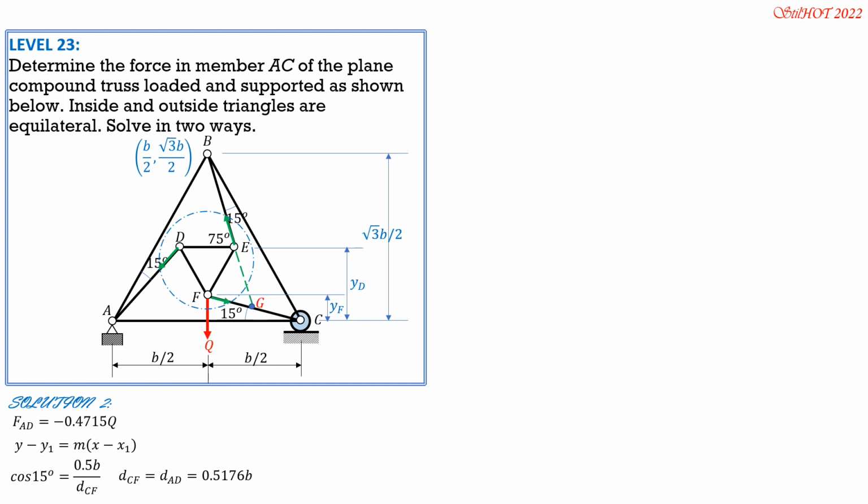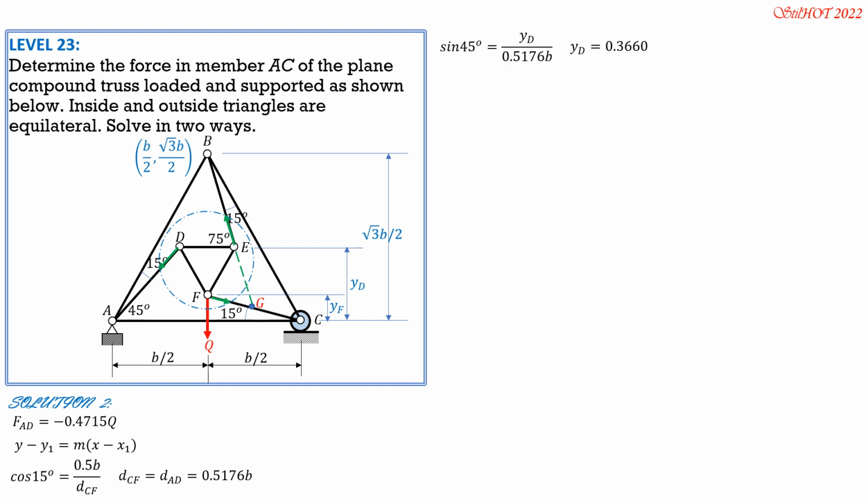So that YD is equal to distance AD sine of 45, because this is 45 degrees. So sine of 45 degrees equals opposite YD over distance AD, and distance AD is 0.5176.